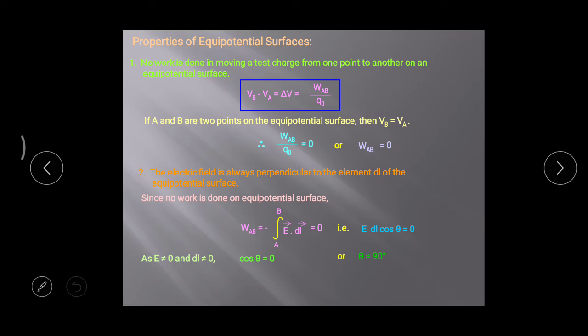This property can also be proved by using the definition of work done, which is given by force into displacement, or electric field into displacement for a unit charge, and by taking its value to 0, we can show that the angle between E and dl is 90 degrees, where dl represents the section of the equipotential surface and E represents the electric field. So we can say that equipotential surfaces are perpendicular to the direction of electric field.